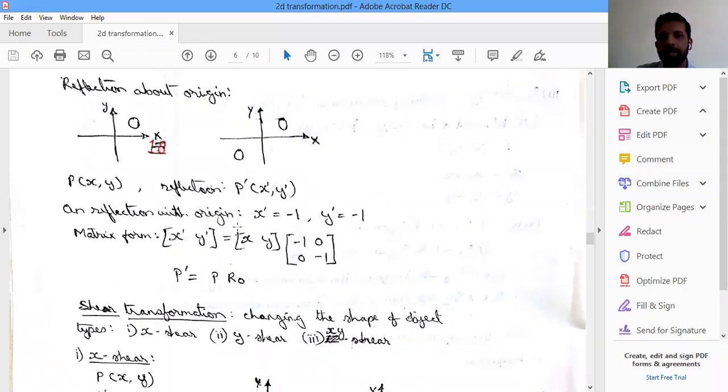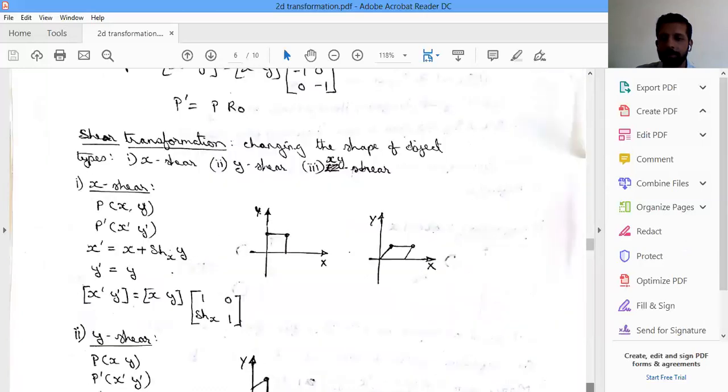When you put it in matrix form, x dash y dash will be equal to x y into its negative value. So the matrix will be minus 1, so that when we multiply, x dash will be equal to minus x and y dash will be equal to minus y. So this will be p dash is equal to p into Ro, because it is reflection about its origin.